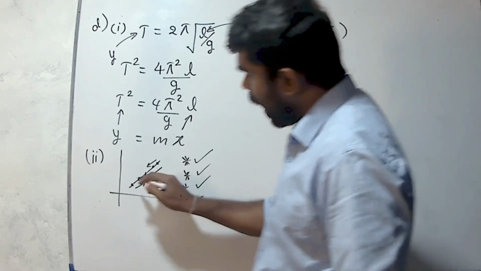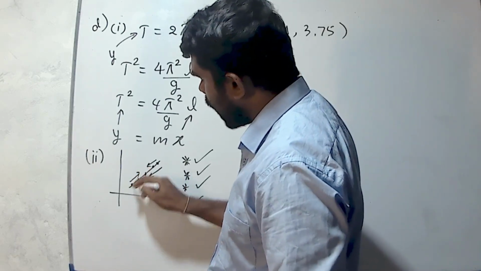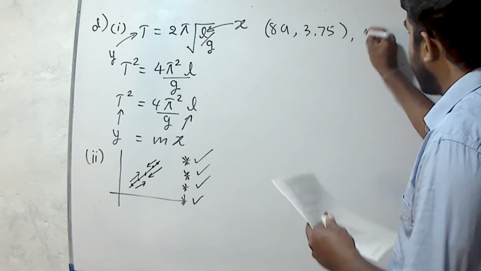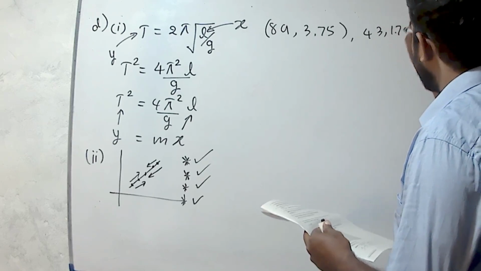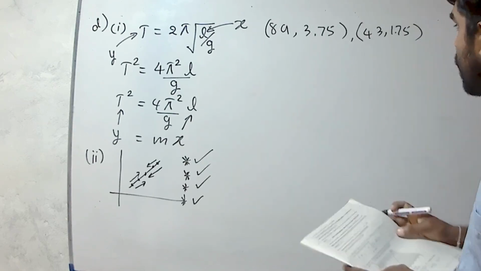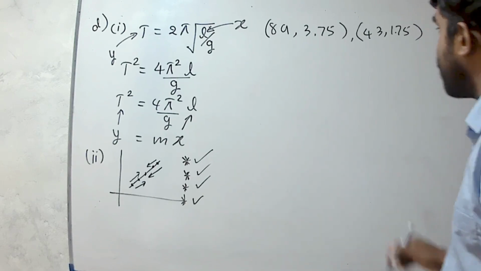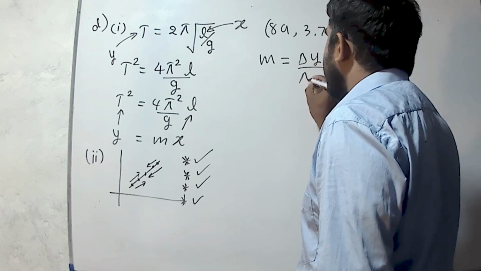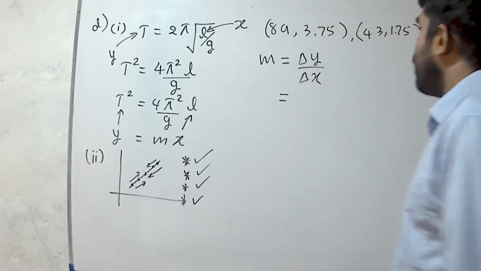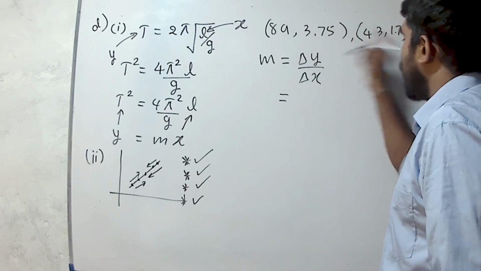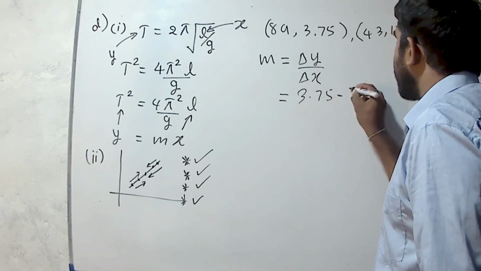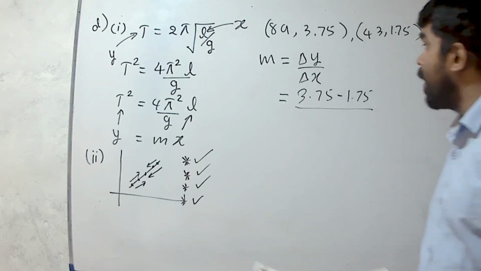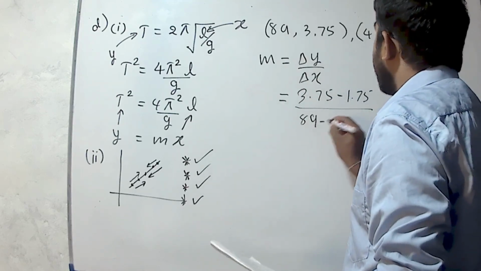And then from this side we observe a readable point, and we can select 43, 1.75. Now I will find the gradient using these 2 points. Gradient equals difference of y divided by difference of x. For the difference of y, we subtract y values: 3.75 minus 1.75, divided by the difference of x: 89 minus 43.